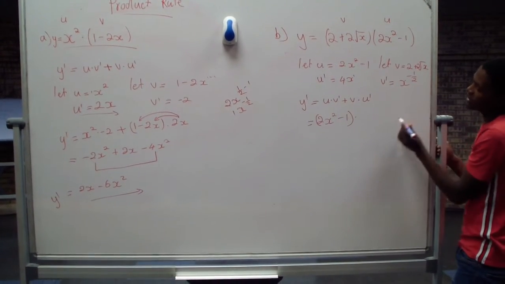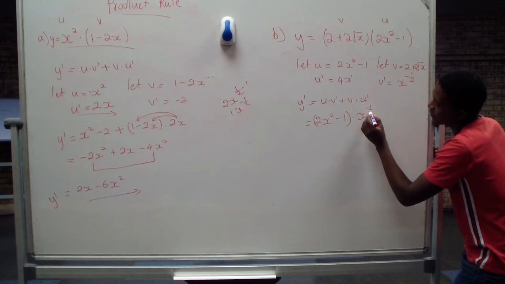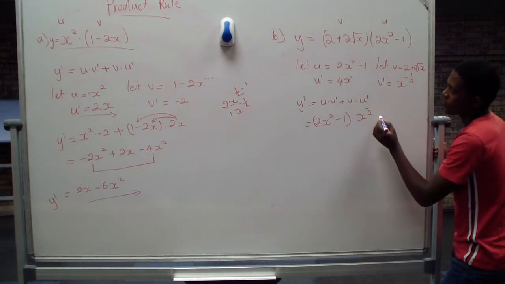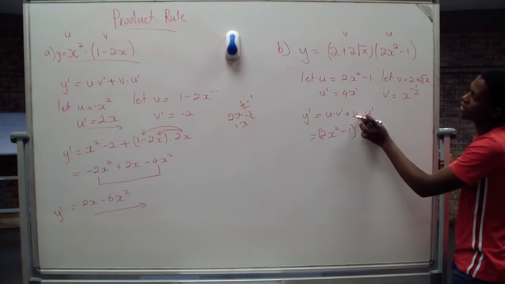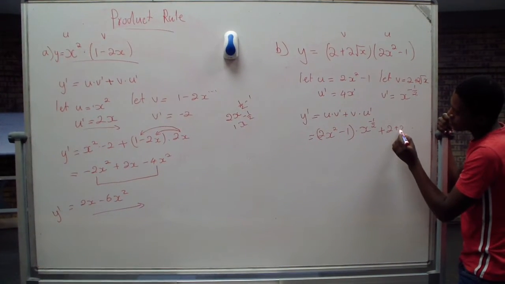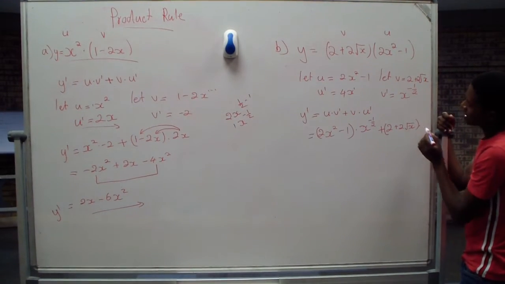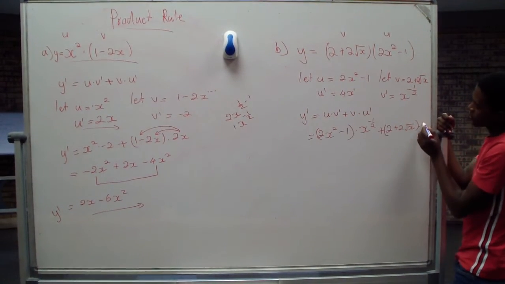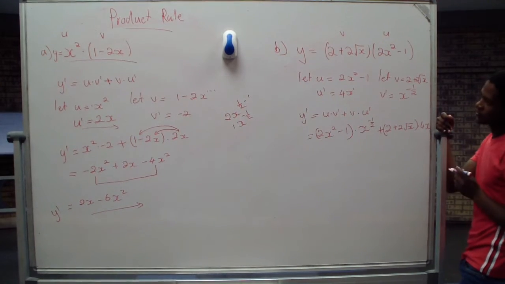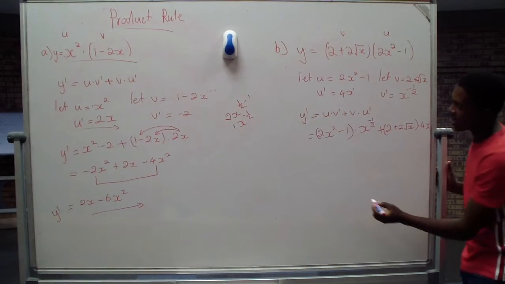Where's my v prime? It is this. So I'll have x to the power negative half, plus v. Where's my v? My v is 2 plus 2 the square root of x, multiplied by 4x, because it's my u prime.